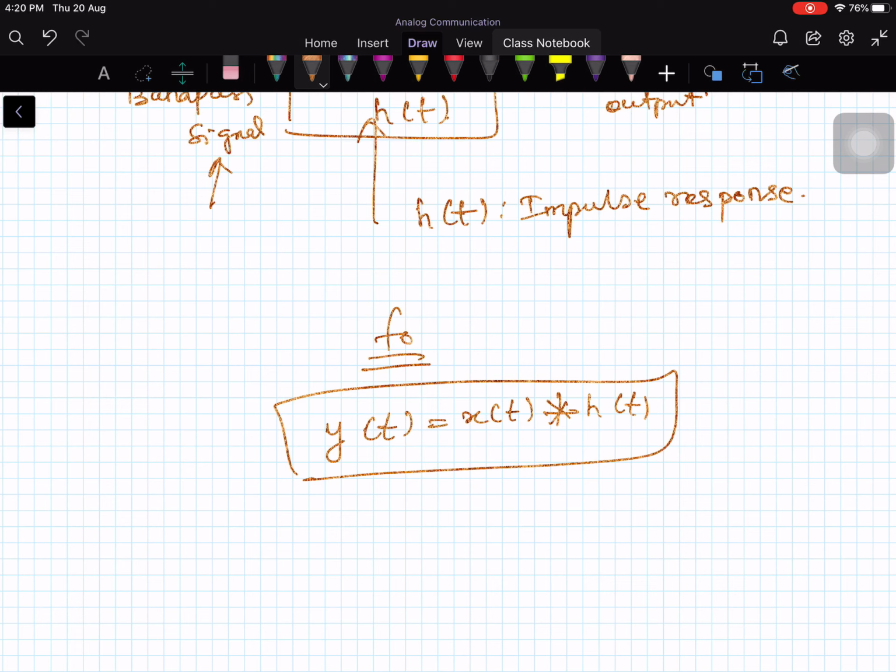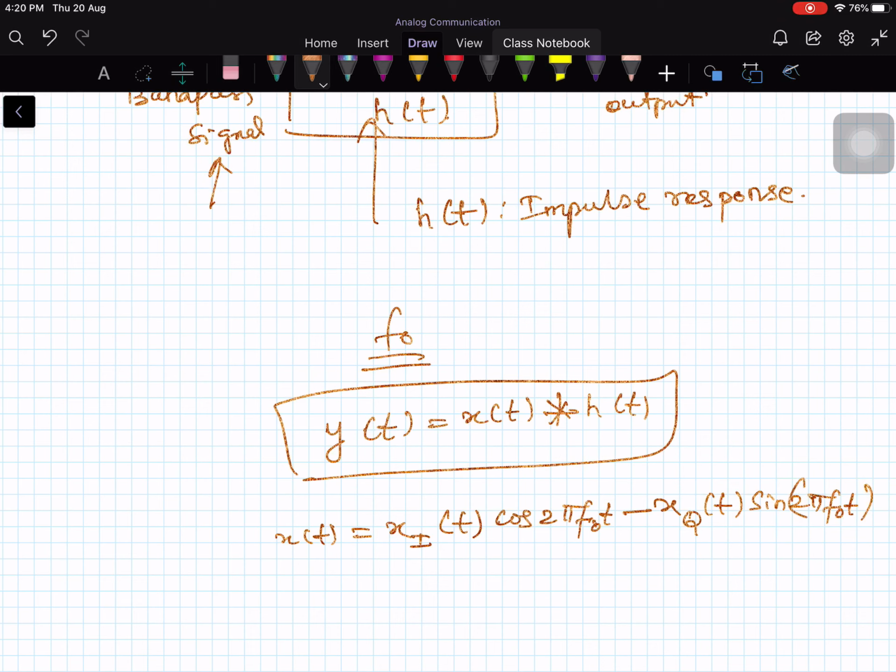So they may have the quadrature representation that we just discussed in the last lecture. So x of t is a bandpass signal in the quadrature representation, that is, in-phase component x i of t times cos 2 pi f naught t, minus quadrature component x q of t times the quadrature carrier sin 2 pi f naught t.